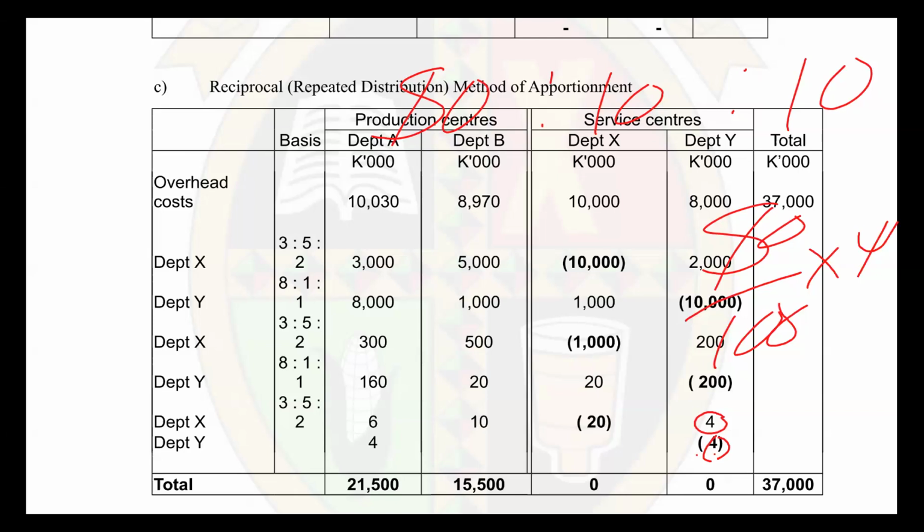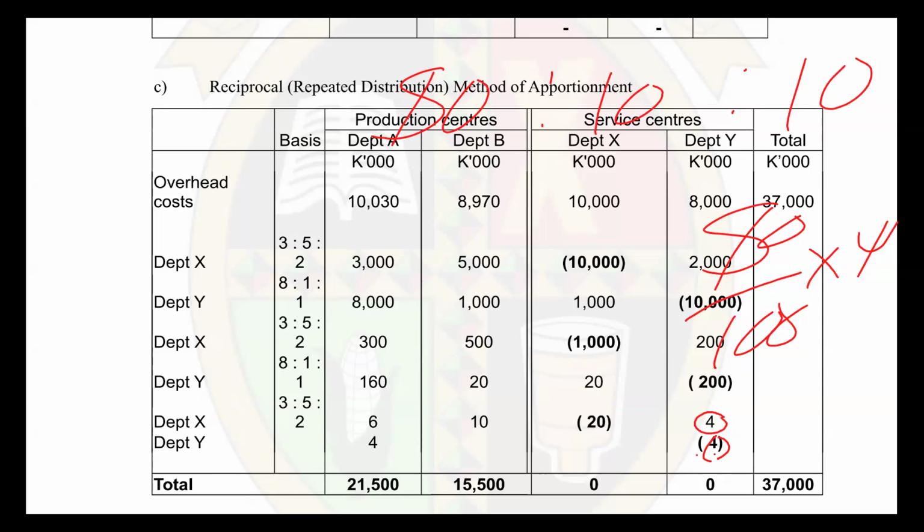What is 80% of 4? You're not punching your calculator. 80% of 4? 3.2.